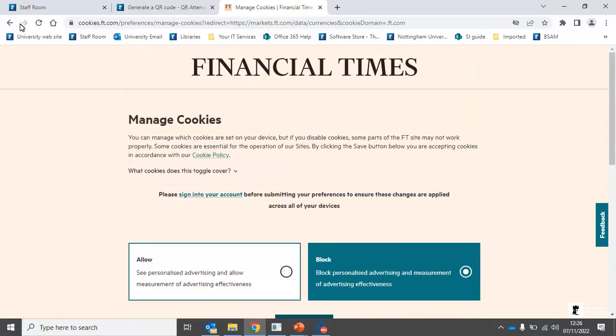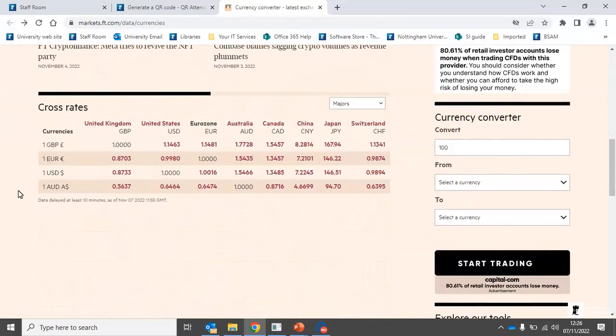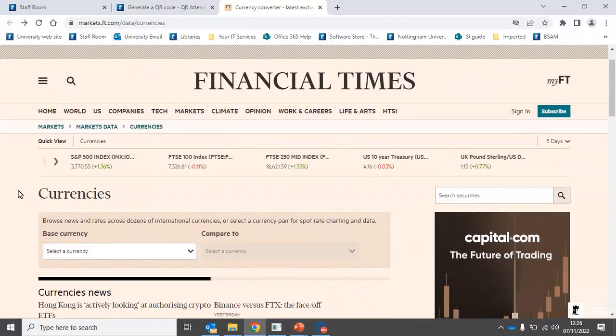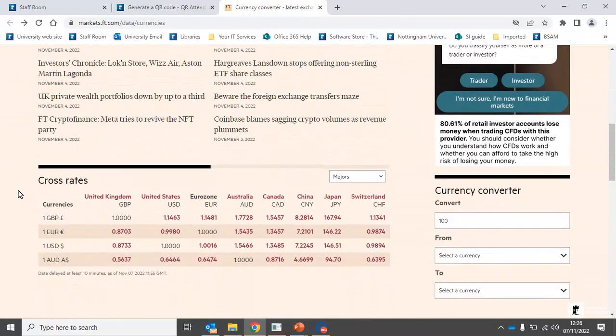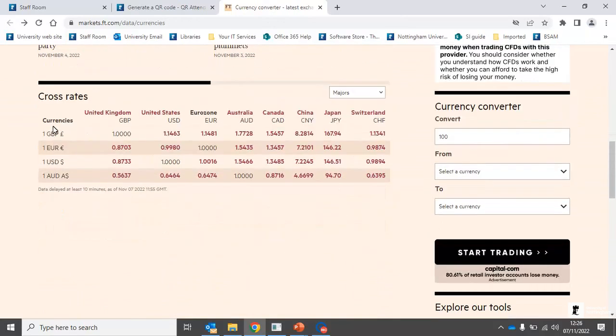In the Financial Times, these currencies are quoted. You can get a quote of any currency from the Financial Times. These are quoted in the business press. Here you can see currencies and their exchange rates relative to other currencies.